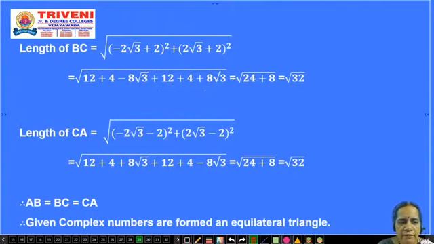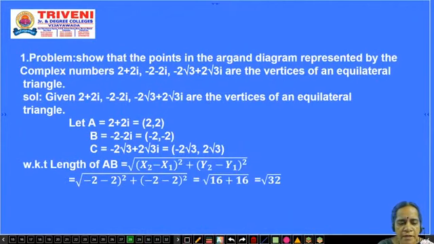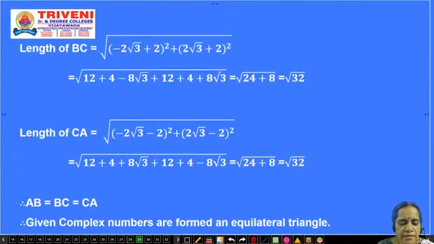The length of BC is equal to root 32, and again length of CA, the value of the point of C is equal to minus 2 root 3 comma 2 root 3, and A is 2 comma 2. Here also we have to find the distance between the 2 points. Minus 2 root 3 minus 2 whole square plus 2 root 3 minus 2 whole square.